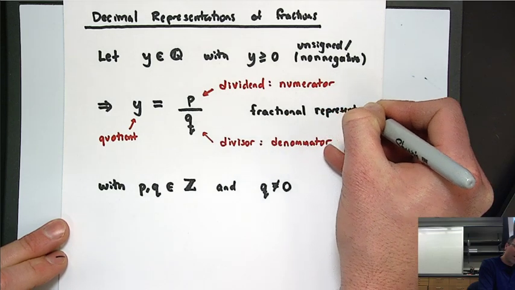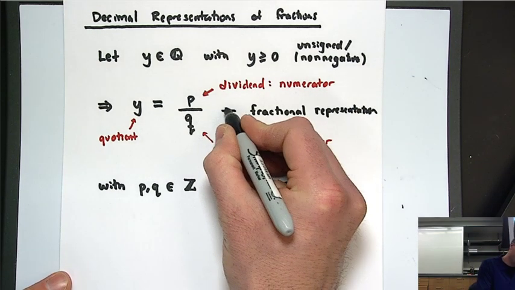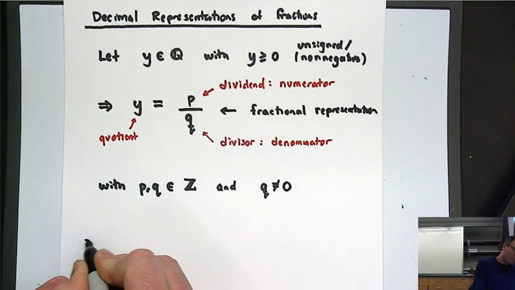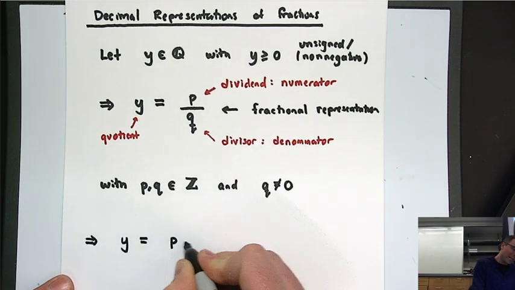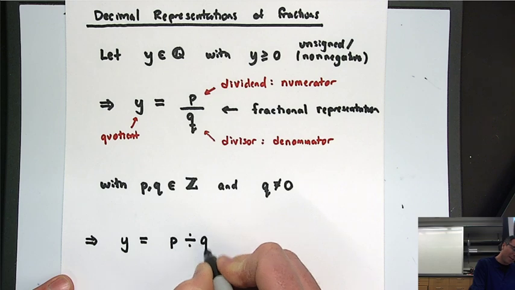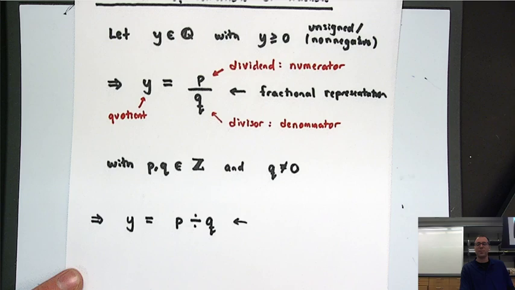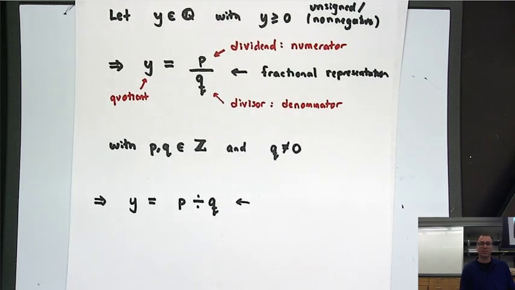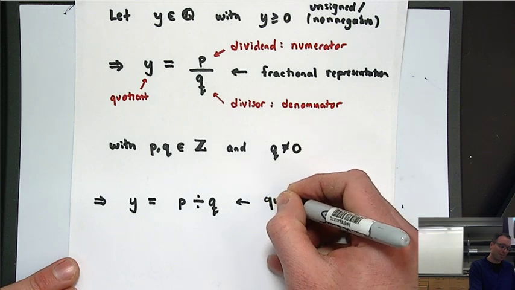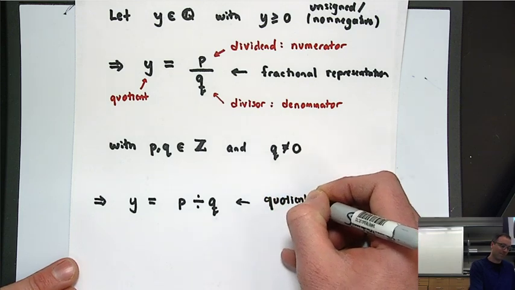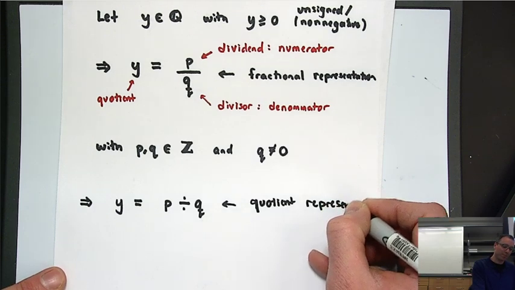Could you guess why we call that a fractional representation? Because it's written as a fraction. We could also write this as p divided by q. I've never named this representation. Does somebody want to give this representation a name? Yeah, we could call it the quotient representation.